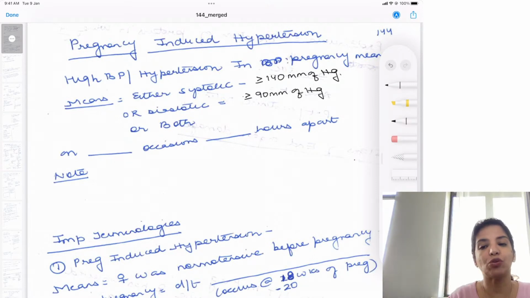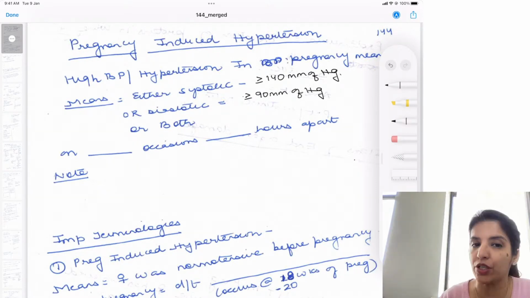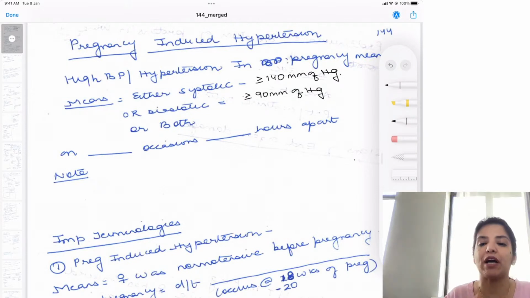So either systolic is more than equal to 140, or diastolic becomes more than equal to 90, or both. So many times we feel that both of them should be present, then only it is going to be hypertension in pregnancy.